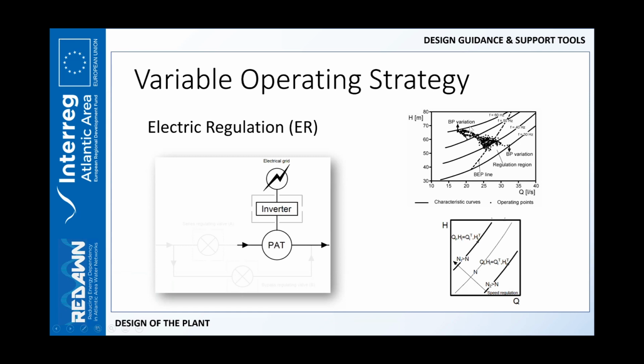I mean, as the rotating speed of the turbine is changed, the characteristic curve of the turbine moves on the QH chart, and the characteristic curve is moved in order to match the operating condition of the network.